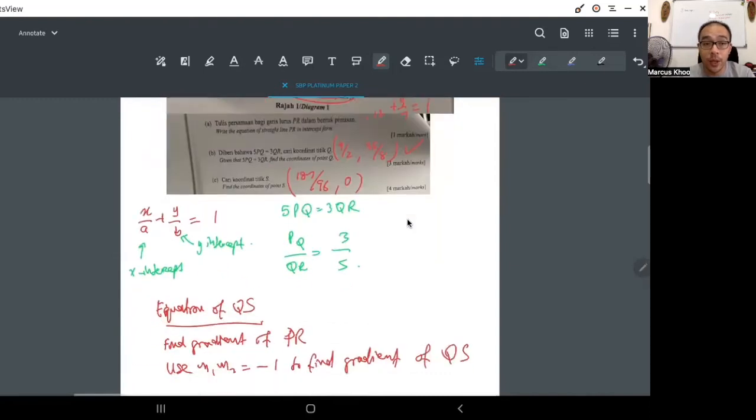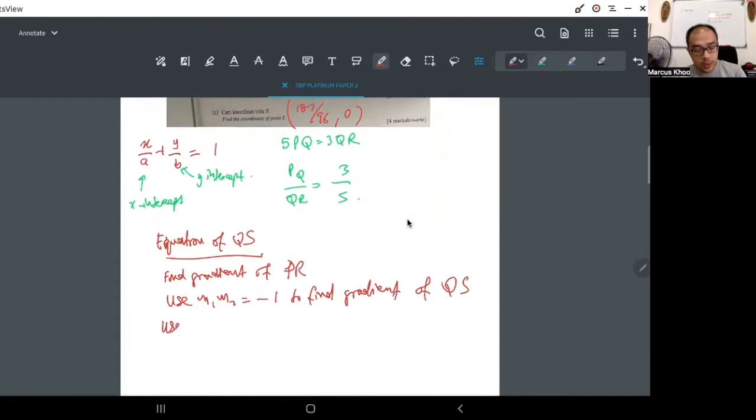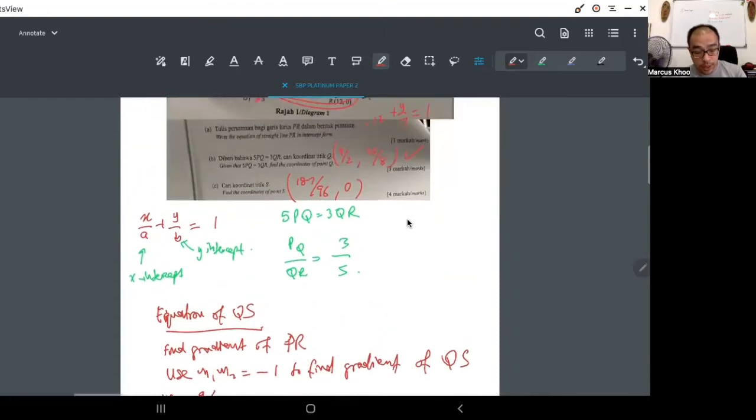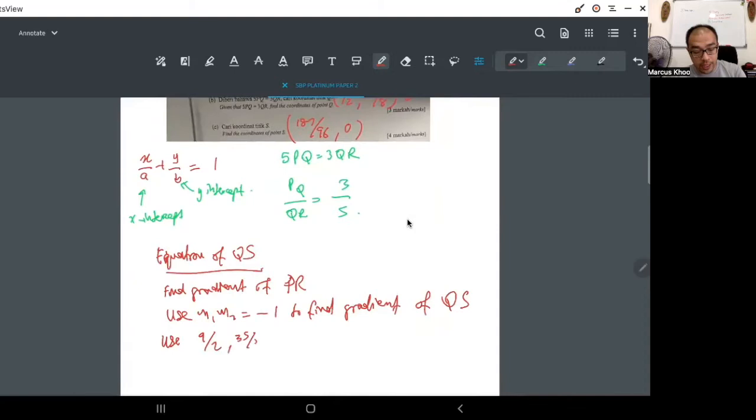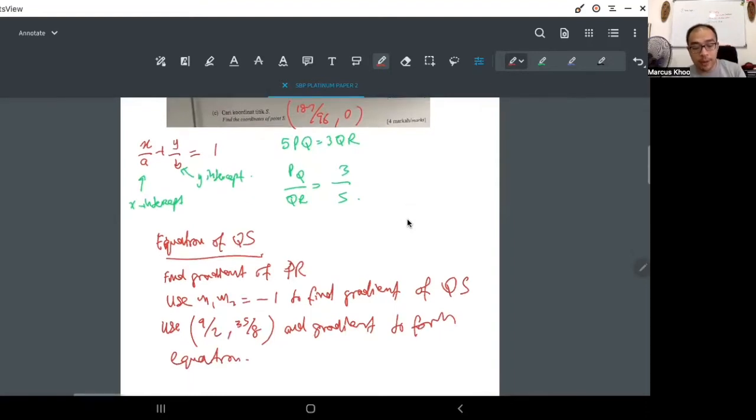Then use the point Q, 9 over 2 and 35 over 8, and the gradient to form the equation. You will get the equation of QS: y equals 12 over 7 x minus 187 over 56.